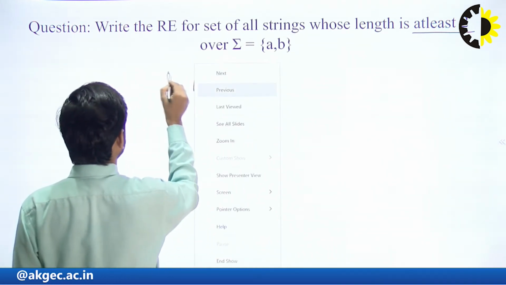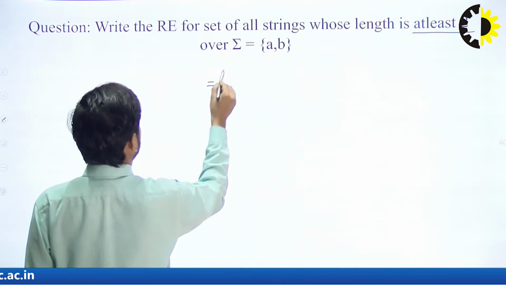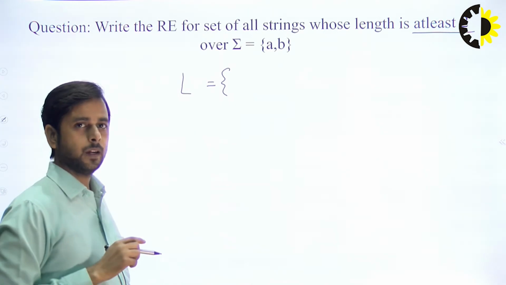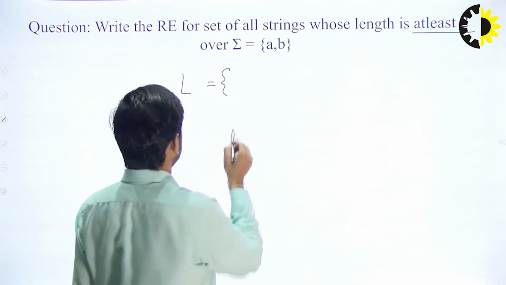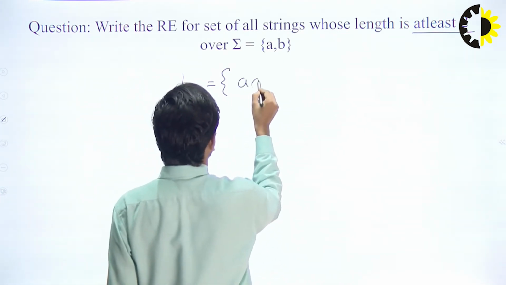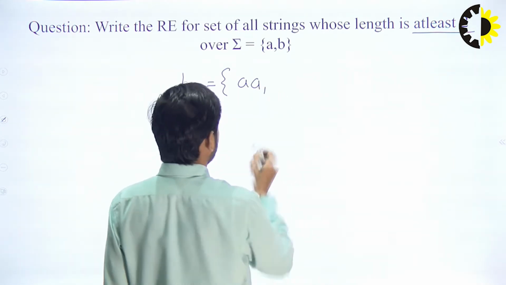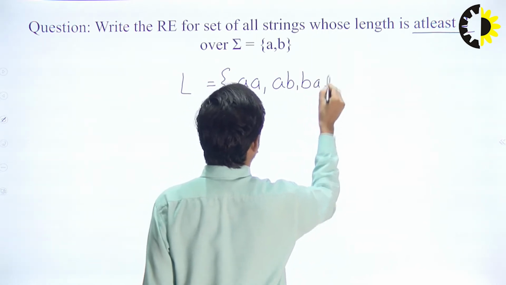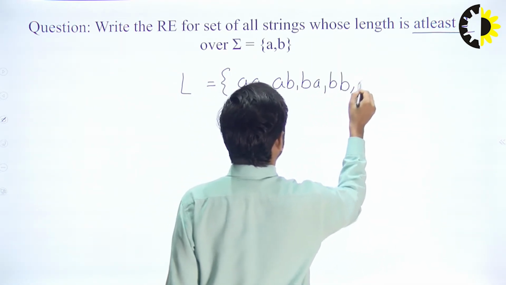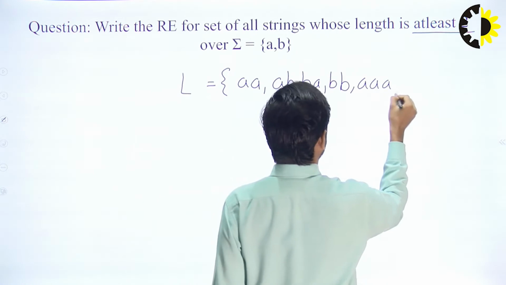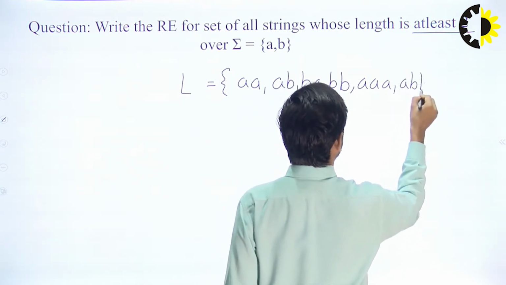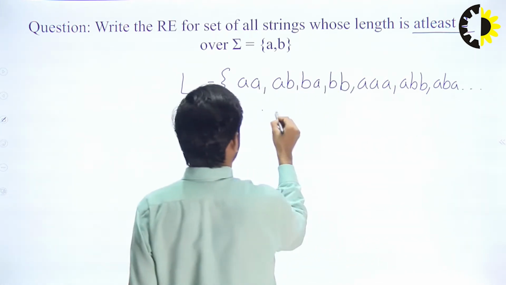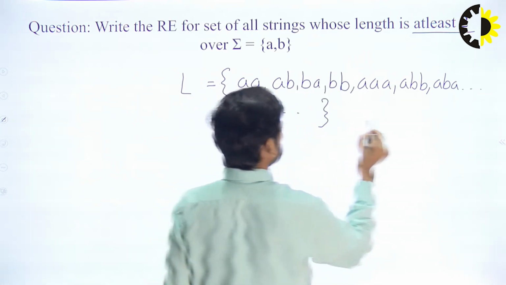So the language can be AA, AB, BA, BB, AAA, ABB, ABA, and so on. It means length is at least 2.